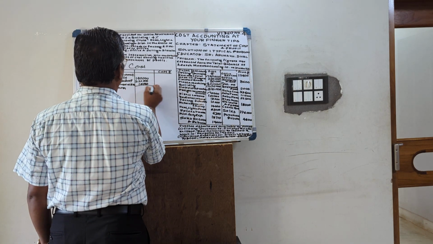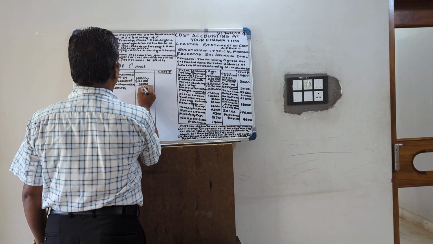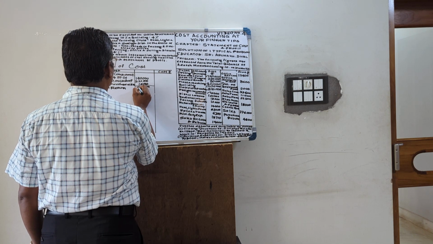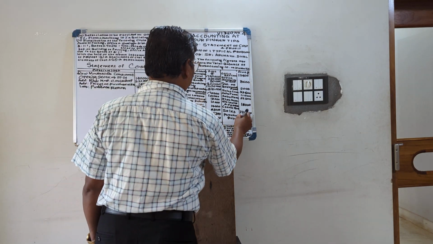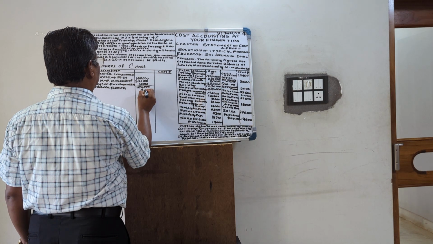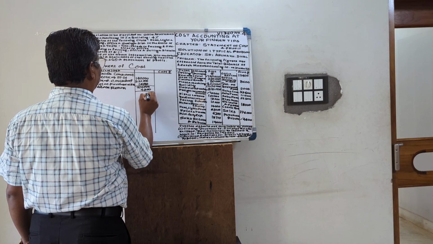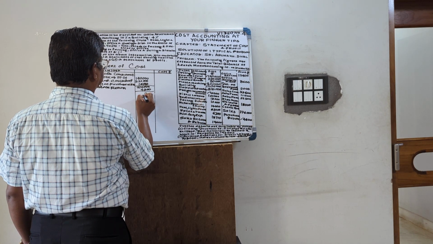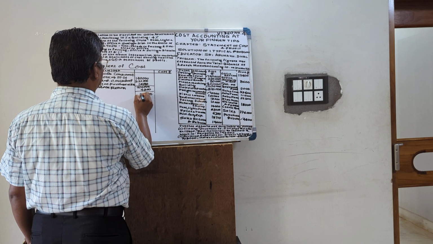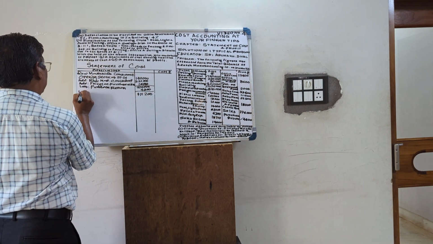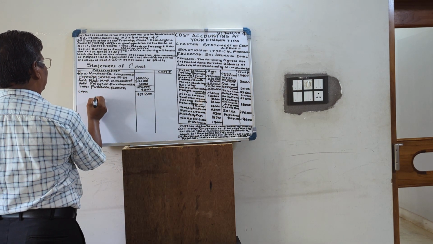So this is 4,07,000. Less purchase return is given here 4,800. So deduct 4,800.